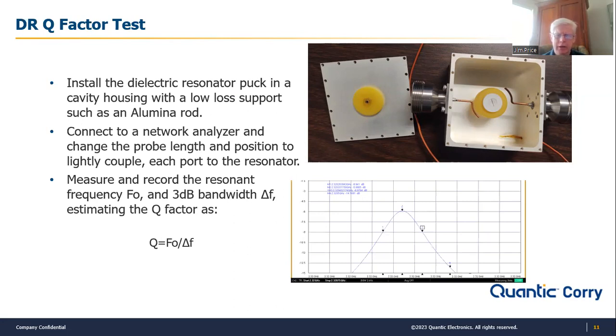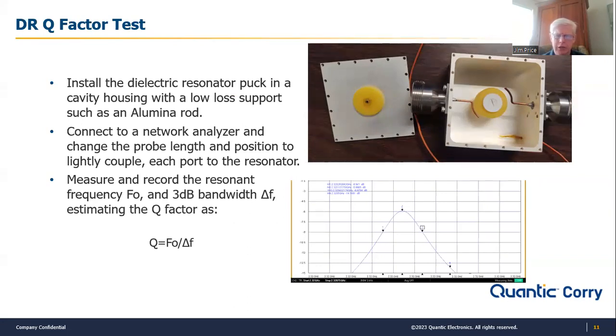And then you look at the frequency response. The narrower the bandwidth, the better the Q of the resonator. You really take the center frequency and divide it by the 3 dB bandwidth. In the case I'm showing here, these vertical lines are about 1.5 dB apart.